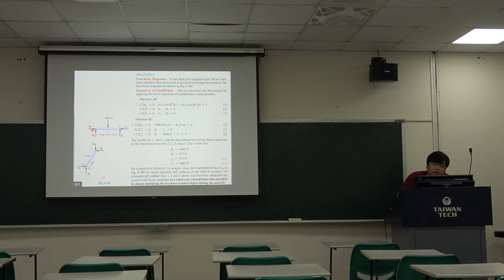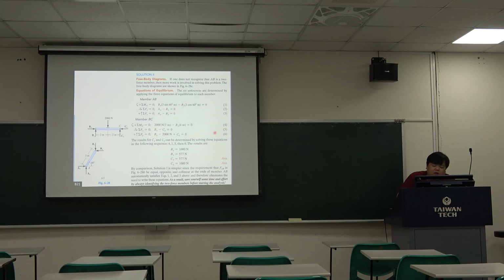And when we do the summation Fx, we know that Bx is equal to Cx. Then when we do the summation Fy equals 0, we use Ey, Cy, and this minus 2000 Newton, combined together equal to 0.